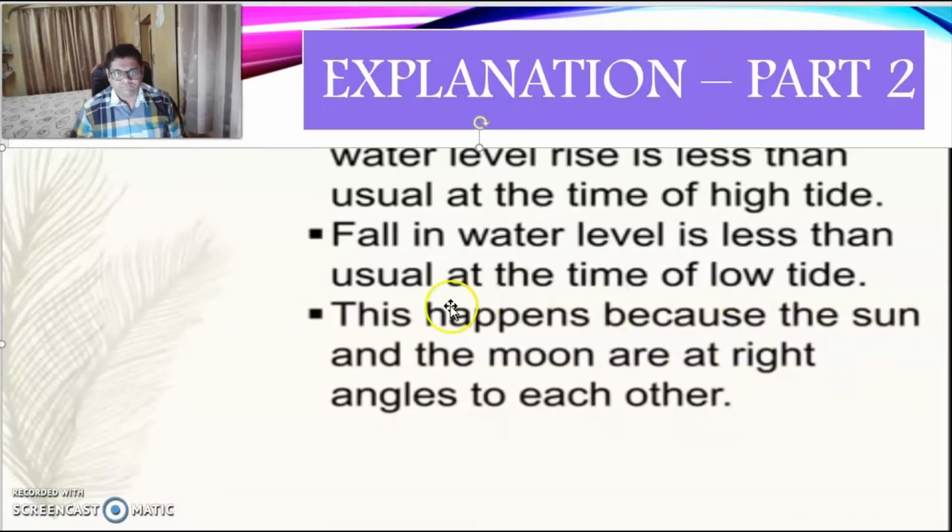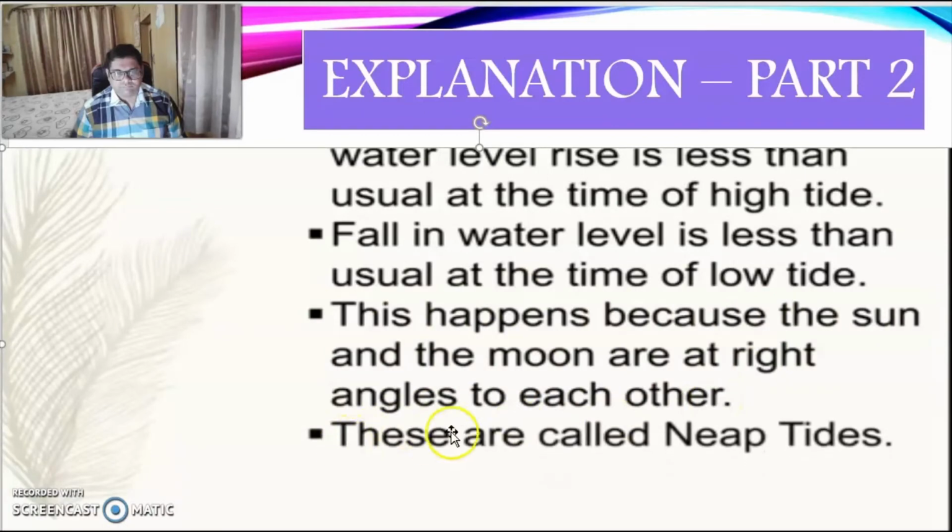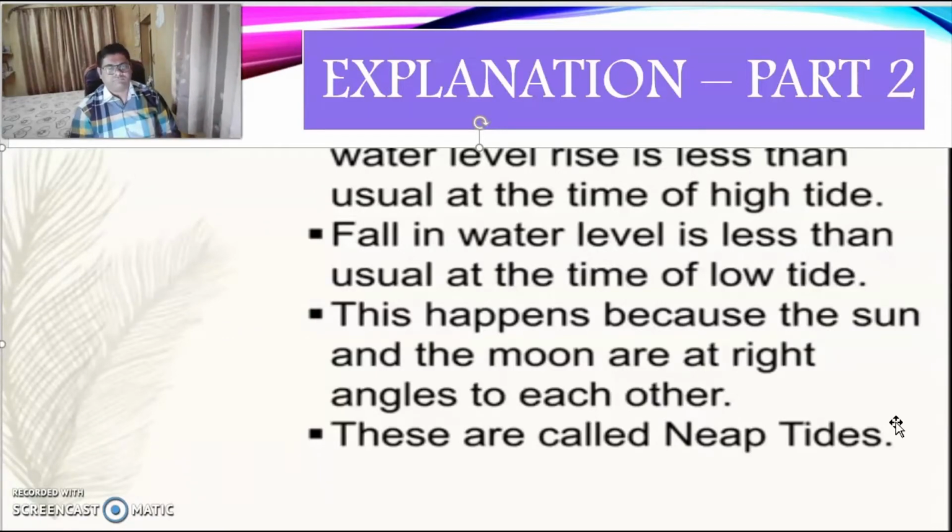This happens because the sun and the moon are at right angles to each other, and such tides are called neap tides. Okay, so neap tides occur on the first and the third quarter of the month. This is twice a month. It happens when they are at right angles, and as a result, since the sun, the moon, and the earth are at right angles, their forces act in 2 different directions.